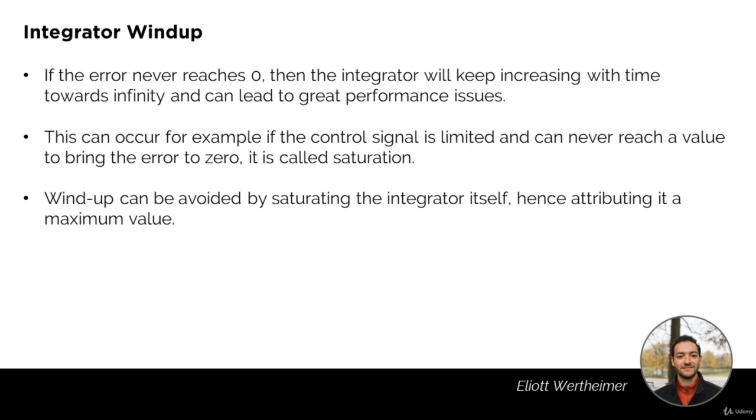If the error never reaches 0, then the integrator will keep increasing with time towards infinity. And this can lead to great performance issues. For example, this can occur if the control signal is limited and can never reach a value to bring the error to 0. This is called saturation.